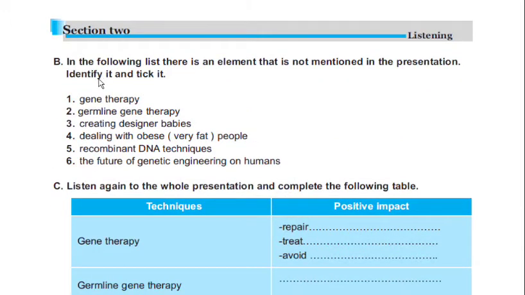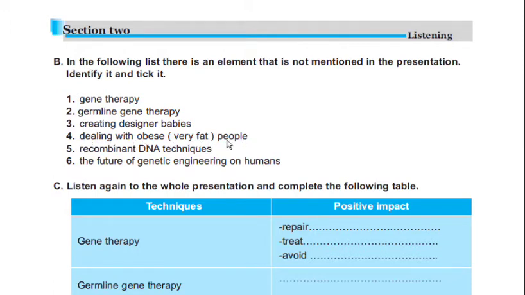In the following list, there is an element that is not mentioned in the presentation. Identify it and tick it. So the speaker in the passage talked about all these things except one, which is dealing with obese, fat people. So that was not part of the listening passage.